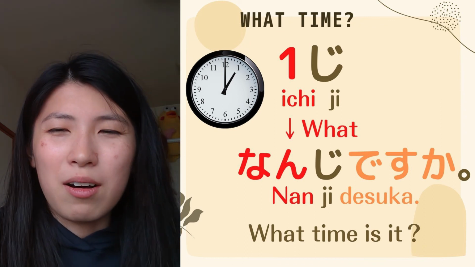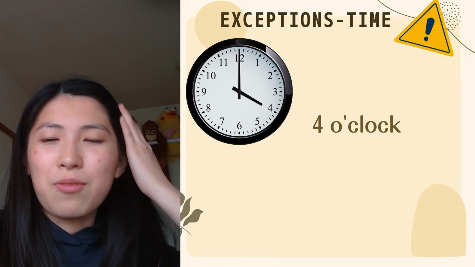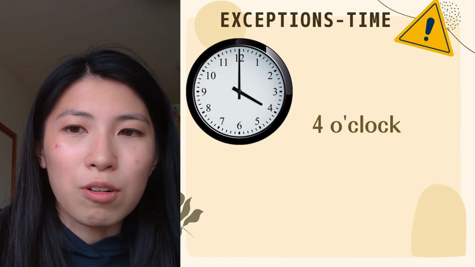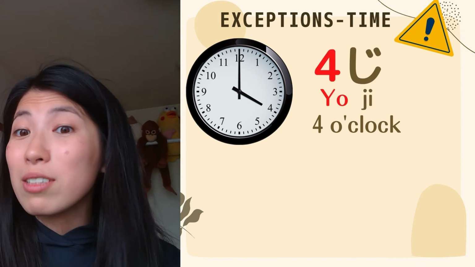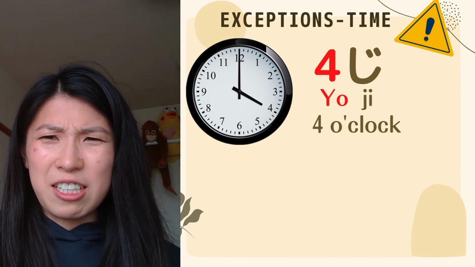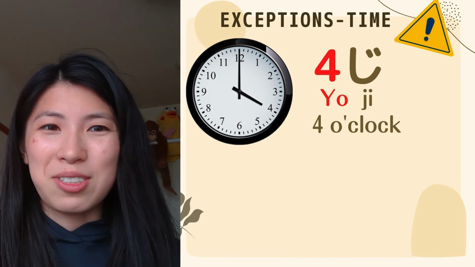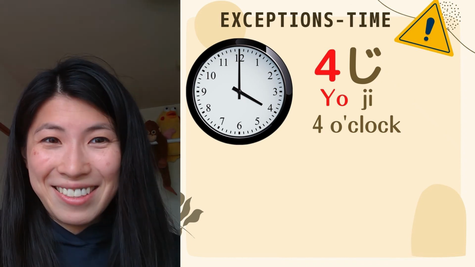Unfortunately, we got 3 exceptions again. The first one is 4 o'clock. We pronounce it 4時 (よじ), not よんじ. Because よんじ is quite difficult to pronounce, that's why we prefer よじ.